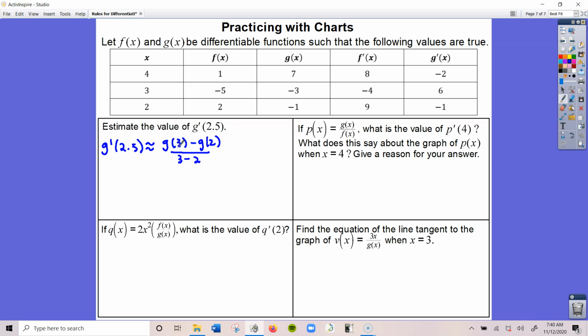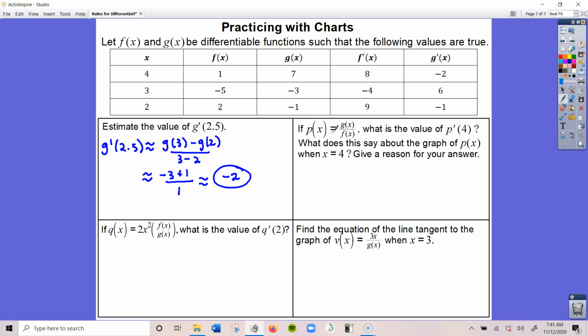And this is the slope formula, y2 minus y1 over x2 minus x1. Now we're going to use our chart here to get these values. g of 3 is -3 minus g of 2, which is -1, so plus 1, over 3 minus 2, which is 1. So now when I work this out, -3 plus 1 is -2, and -2 over 1 is just -2. So this is approximately g prime of 2.5.